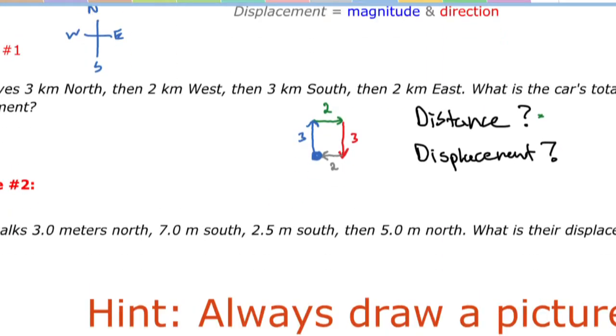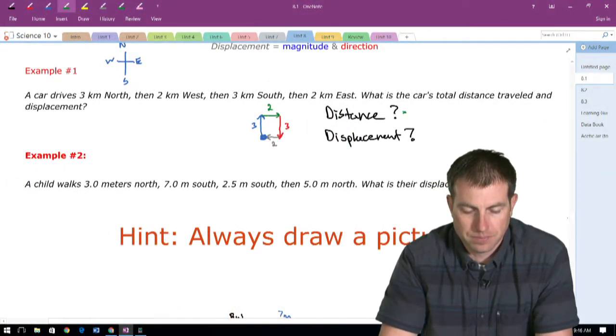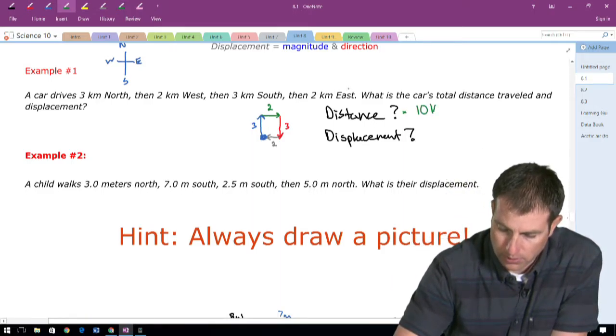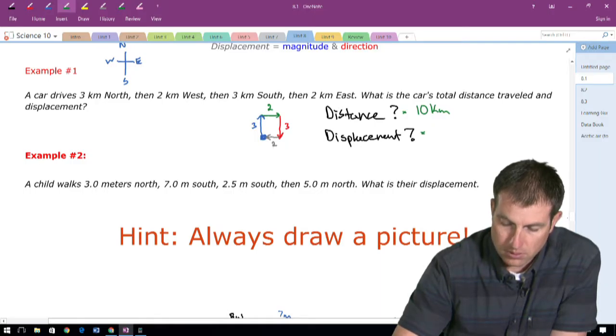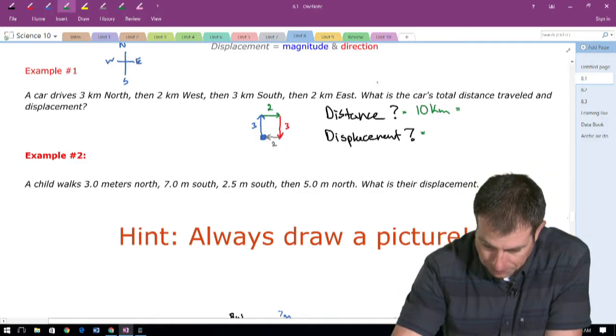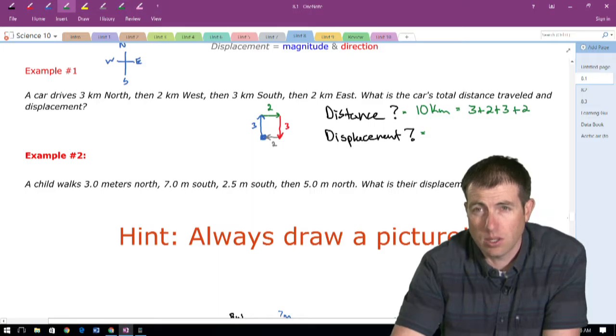So what was the distance? How far did we go in this example? We did indeed go 10 kilometers. 3 plus 2 plus 3 plus 2 is going to give us that 10 kilometers.